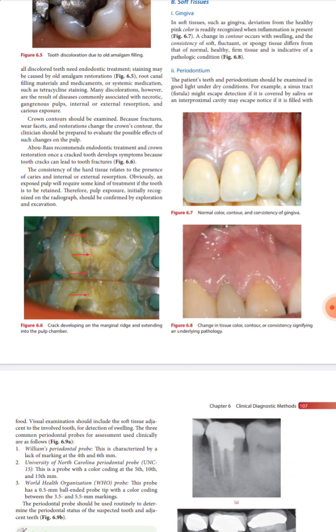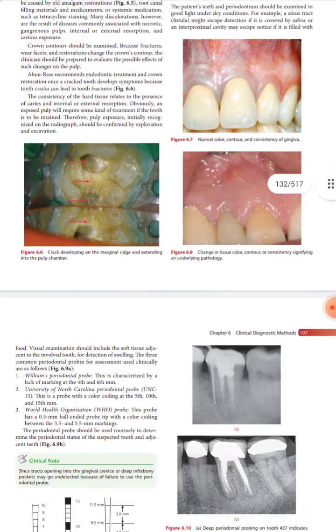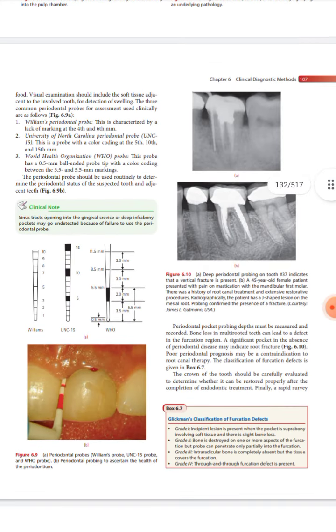Periodontium: the patient's teeth and periodontium should be examined in good light under dry conditions. For example, a sinus tract might escape detection if it is covered by saliva, or an interproximal cavity may escape notice if it is filled with food.